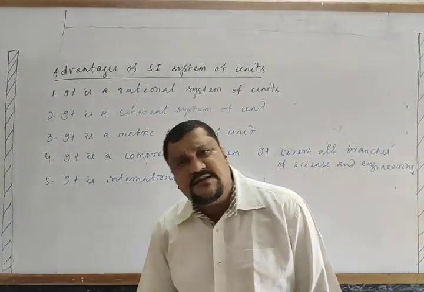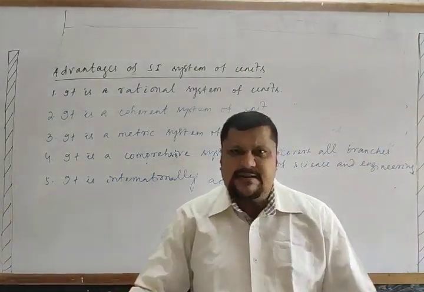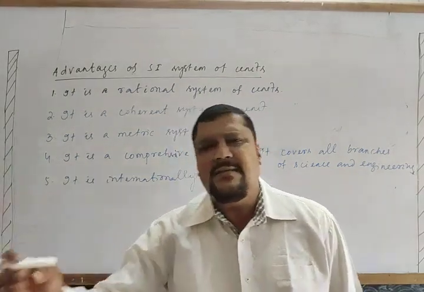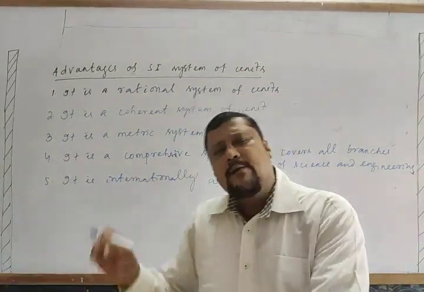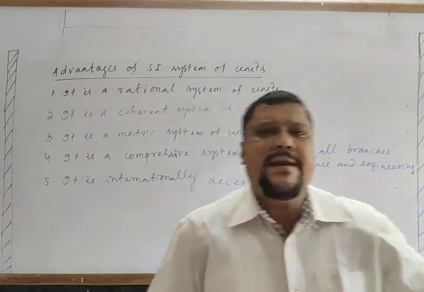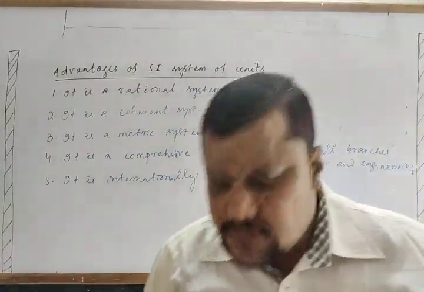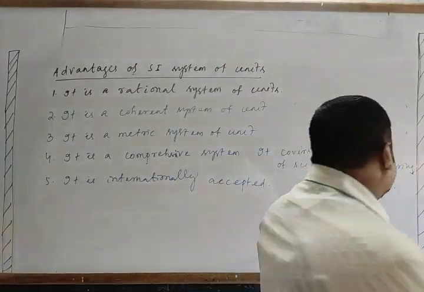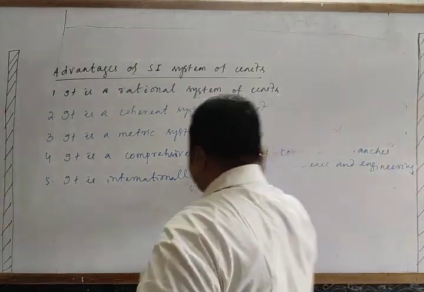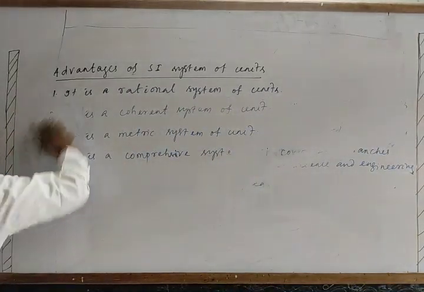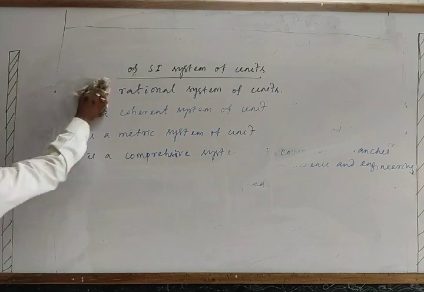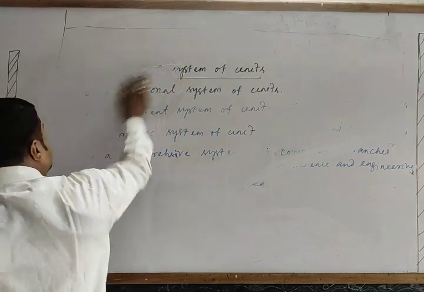To measure the current, we are using ampere. To measure current in India, we are using ampere. To measure current in Australia, we are using ampere. So that is an internationally adopted system. So these are the advantages of our SI system of units.